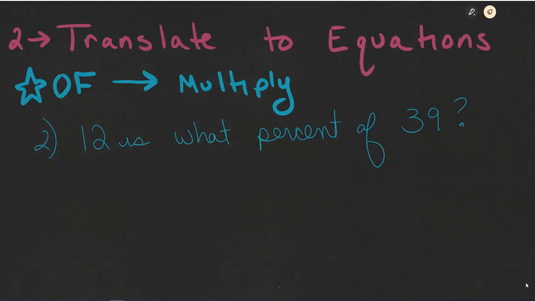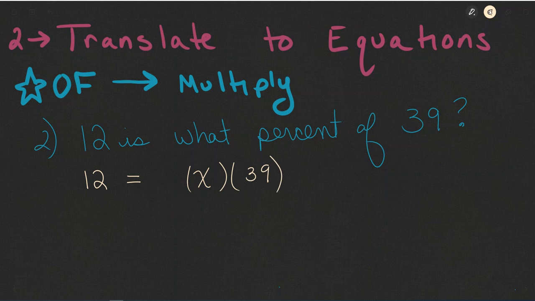Here's another example. 12 is what percent of 39? I'd encourage you to stop the video and try this problem on your own. Put a pause on the video and see if you can get the solution, and then watch my solution to see if it's the same. Here I'm just simply going to translate again. 12 equals X percent, so X times, so of is times 39.